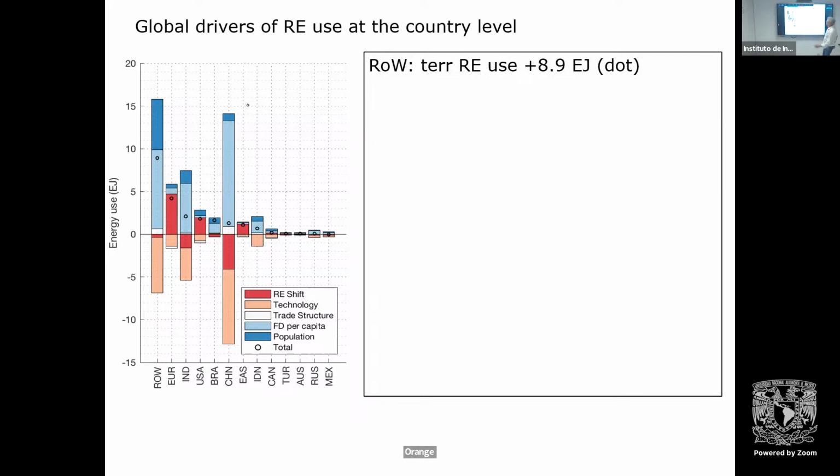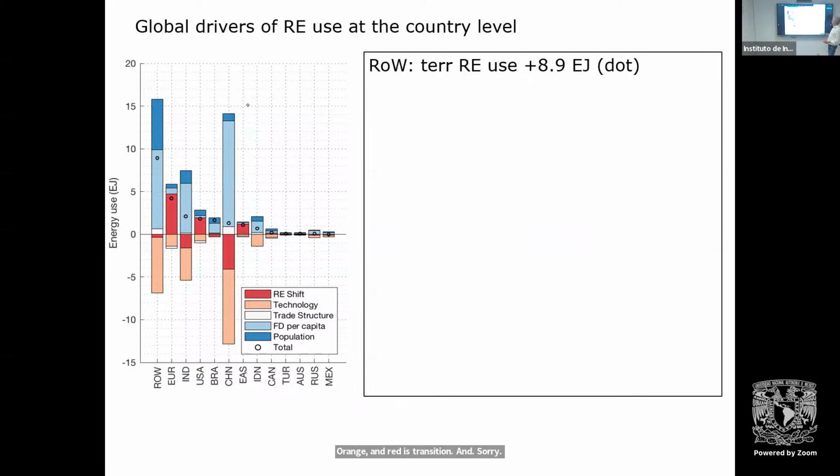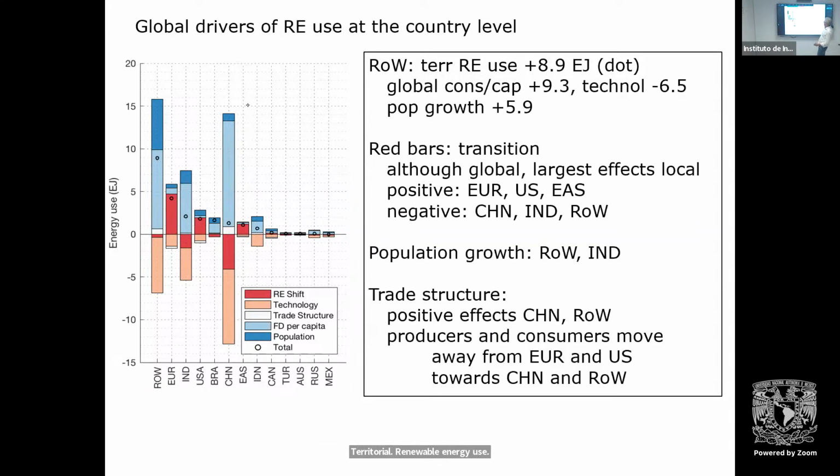Observe, the dots give you the territorial renewable energy use. It's 8.9 for the rest of the world, and this is 9.3. The production per capita. Technology is minus 6.5. So that is how the bars should be interpreted.